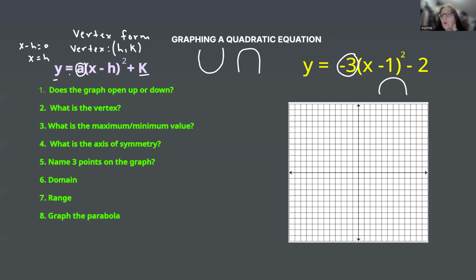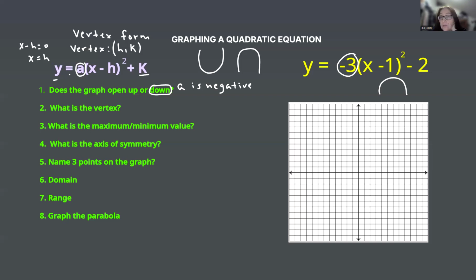So let's go on over to our equation here and find out what the vertex is. So when I look at this equation, first of all, does the graph open up or down? It opens down because a is negative. Now, what's the vertex?